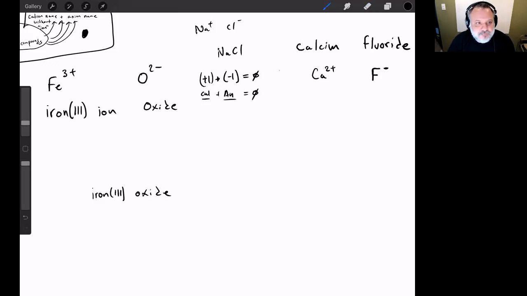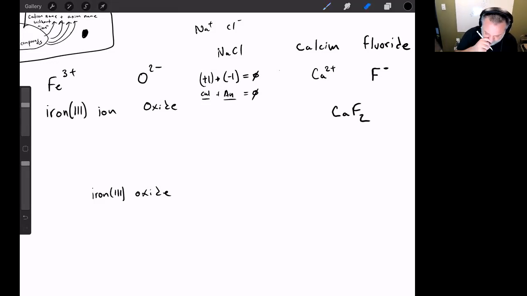So how many fluorides do you need to balance out the positive 2 charge on the calcium ion? You need 2 of them. So the formula for calcium fluoride is CaF2. You need 2 fluorides to get to a net charge of 0.